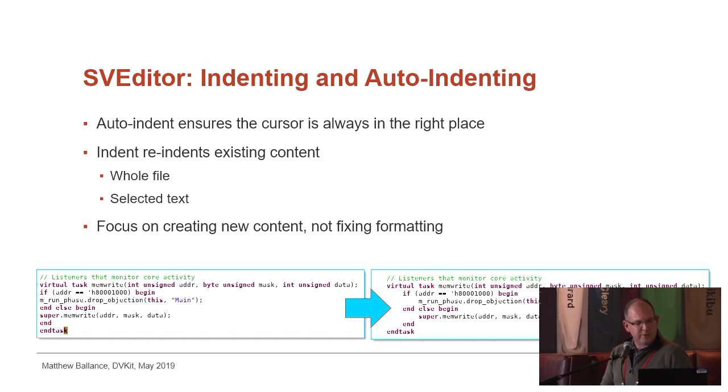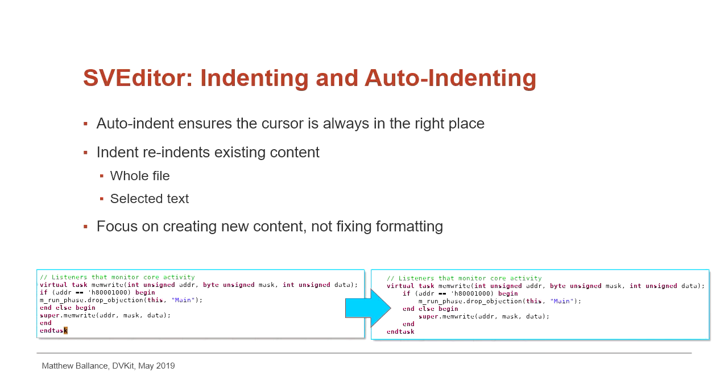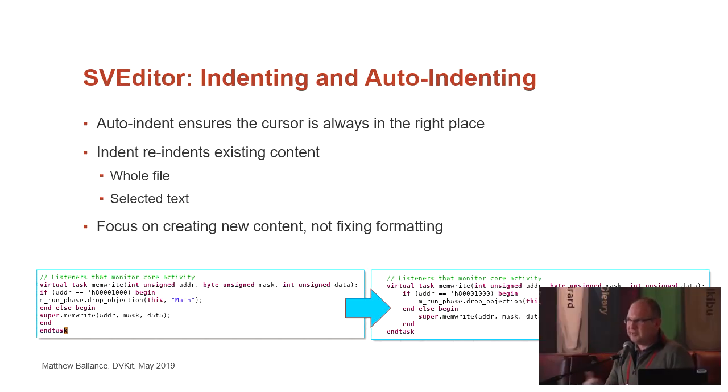Another place that we provide help that might seem a little bit counterintuitive is just code indenting. If you, like myself, really like to have your code laid out nicely, you might end up spending quite a bit of time keeping your code indented and laid out the way you like. The editing plugin here has an auto indenter, which in general, if you're just typing your content, will keep your code indented.